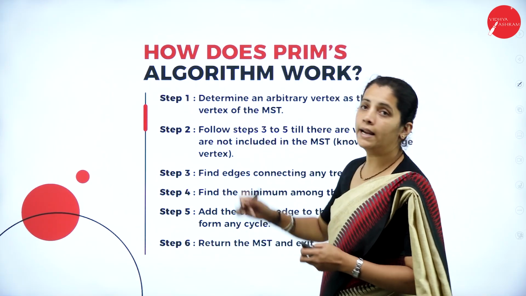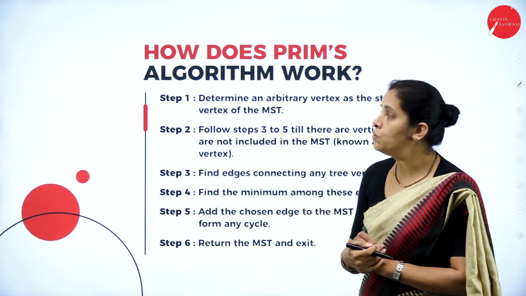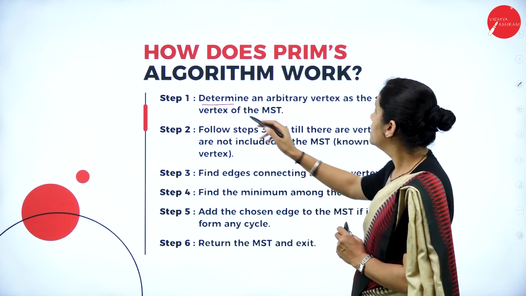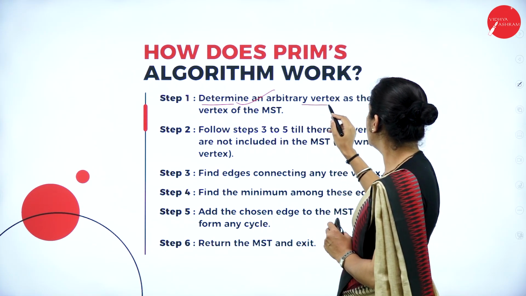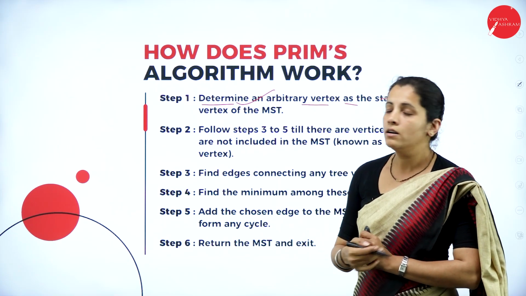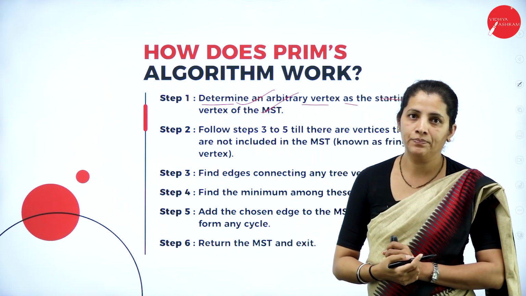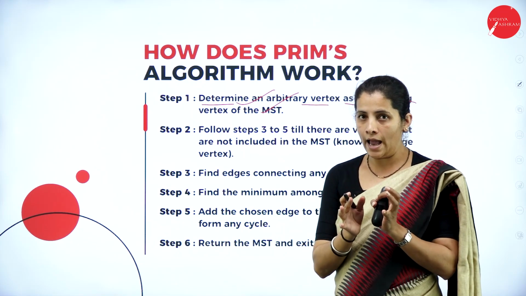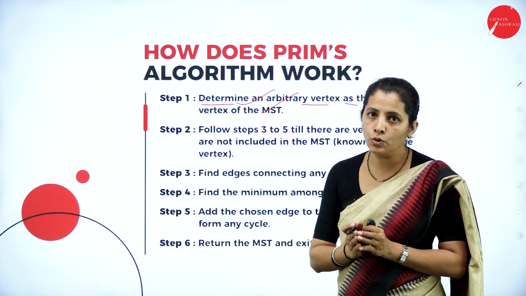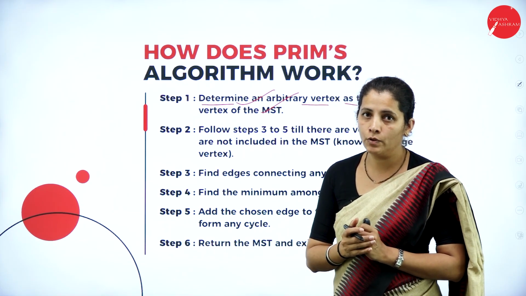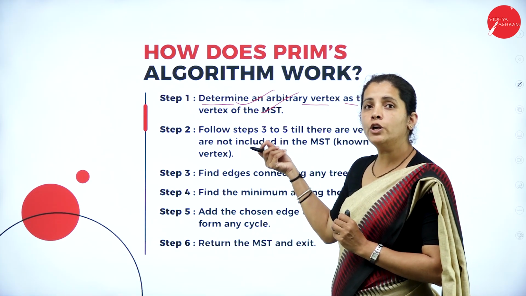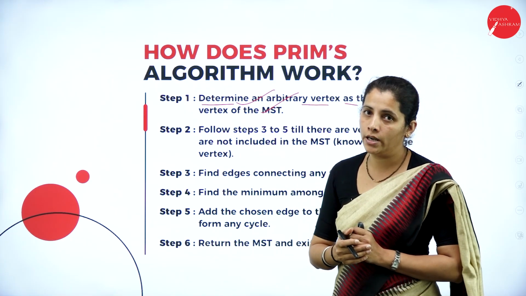Now, let's see how the algorithm is going to work. In step 1, determine an arbitrary vertex as the starting vertex of the minimum spanning tree. In the given graph, I want to determine from which vertex I'm going to start my travel. Sometimes in the question, they provide the starting point.